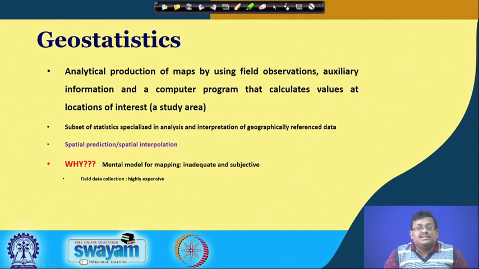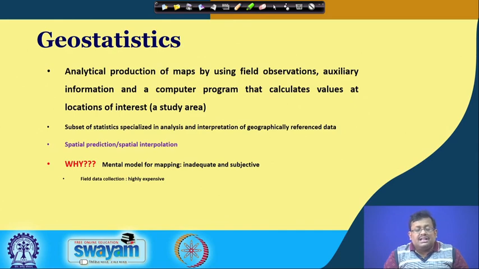And geostatistics is basically a branch of statistics which shows the analytical production of maps by using field observations, auxiliary information, and a computer program that calculates values at locations of interest in a study area. So, again, geostatistics is basically an analytical production of maps by using field observation, auxiliary information and computer programs.